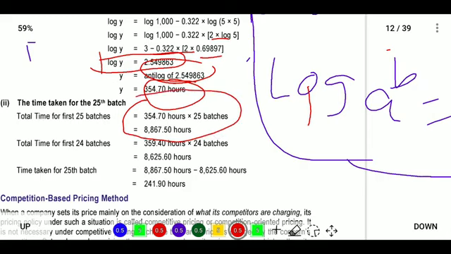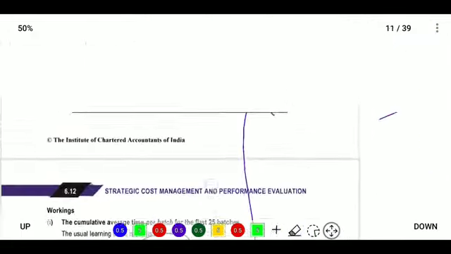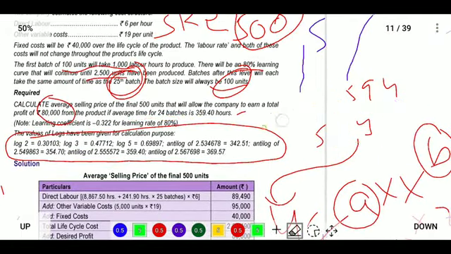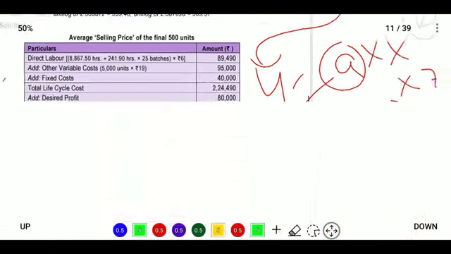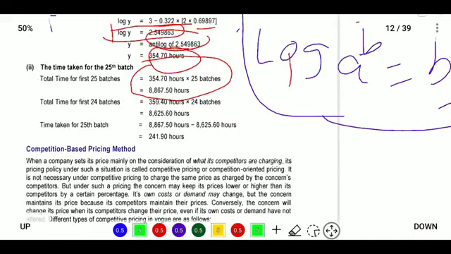And for the first 24 batches, they provided it directly, here we see: 359.4 into 24 batches, so 8625.6.